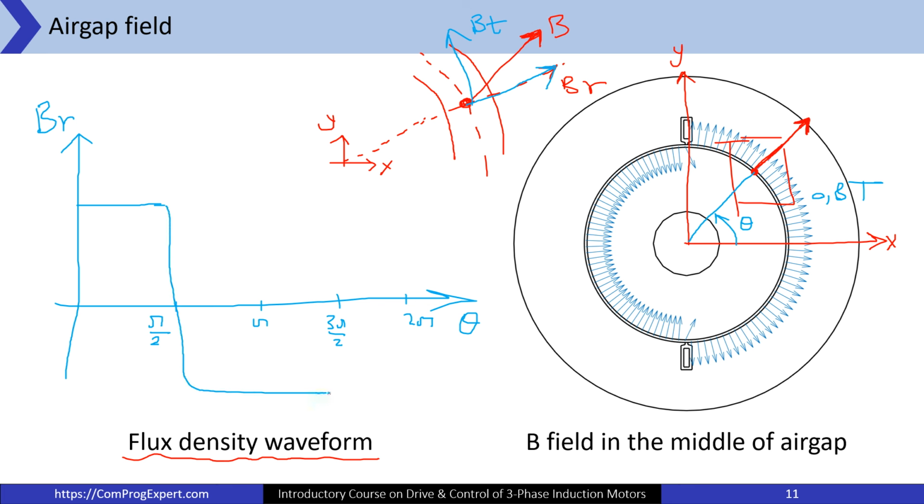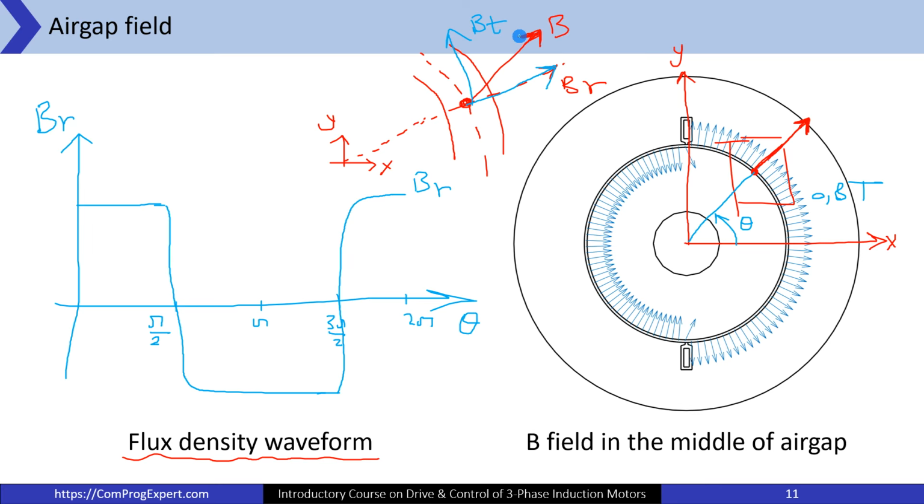For this side, the direction of the flux density vectors is inward, and here we have this Br again. So this is the flux density waveform.